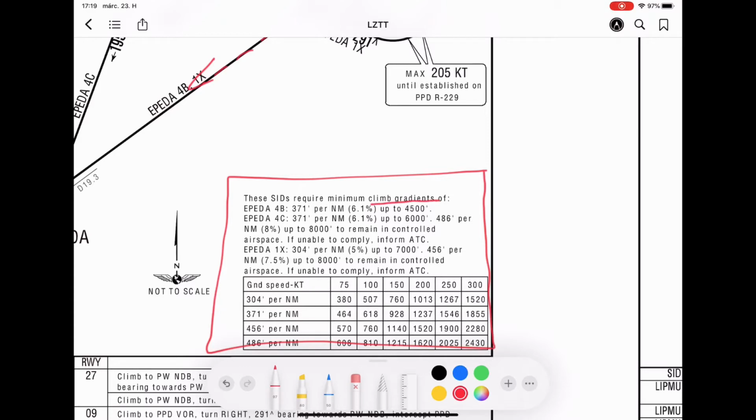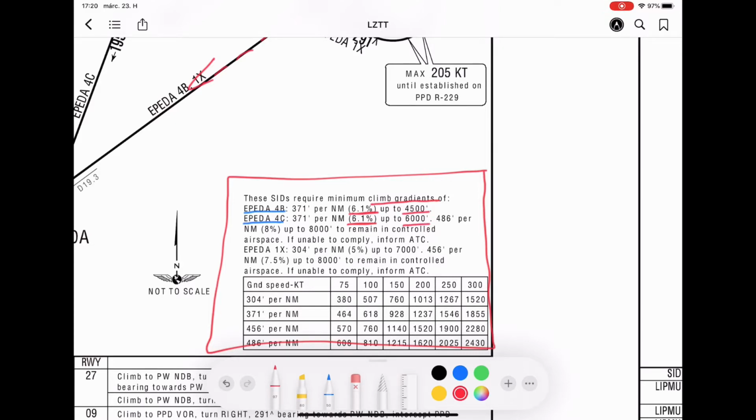And you can see that for the different routings, so ATPL 4 Bravo, ATPL 4 Charlie, it tells you 371 foot per nautical mile, right? So you climb 371 foot vertically per nautical mile which you cover horizontally, and it's showing you the required gradient right here. It's 6.1%, and the other one is also 6.1%, up to 4,500 feet and up to 6,000 feet.